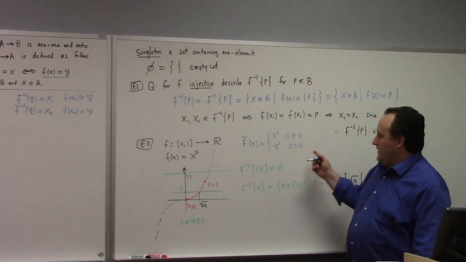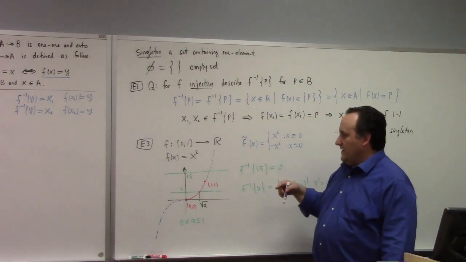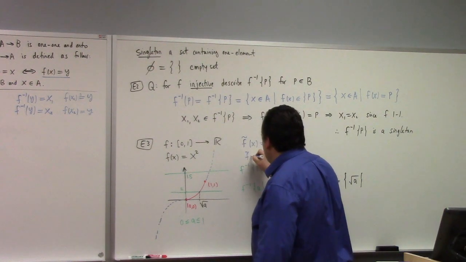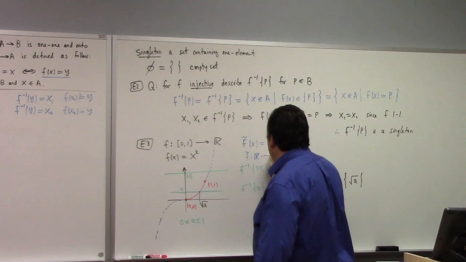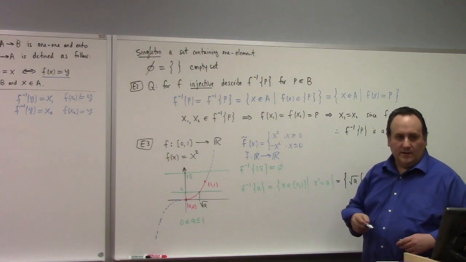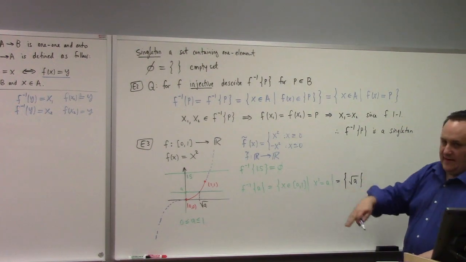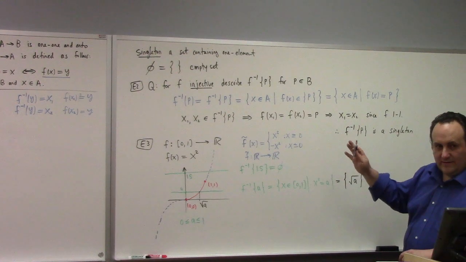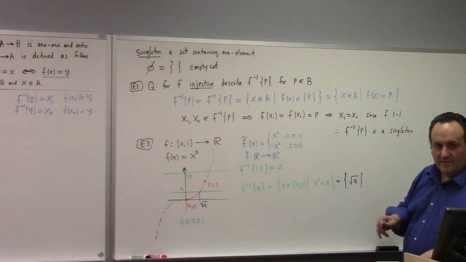Now f tilde is a mapping from R to R, right? So you chose to expand the domain and extend the values in such a way that it's both onto and one-to-one for the reals to the reals.